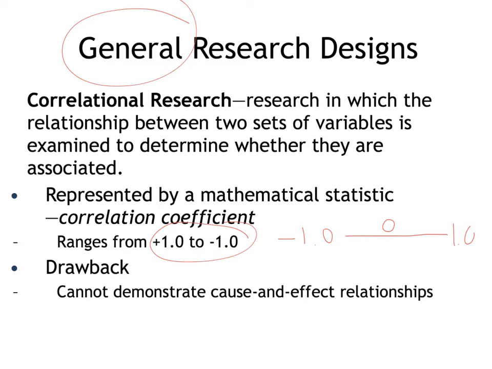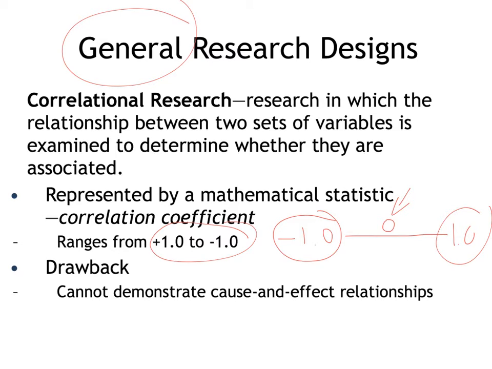When we talk about a correlational design, we're talking about variables that are associated with one another. And again, in order for us to establish that there is in fact an association between the variables, you must either get closer to the negative 1.0 or closer to the positive 1.0. Again, if you land somewhere close to the 0, it would basically mean that there is no association or no correlation.